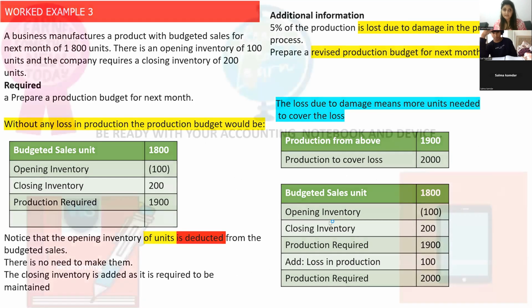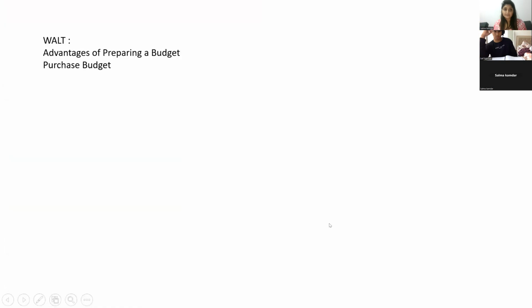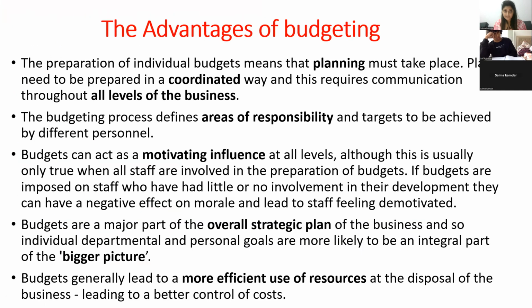Let's go to the next one. Can you tell me what is the advantage of preparing a budget? You can make better decisions. You can manage costs more effectively. It motivates the employees, and they're more efficient.